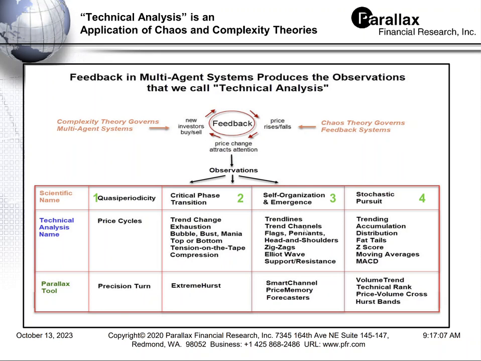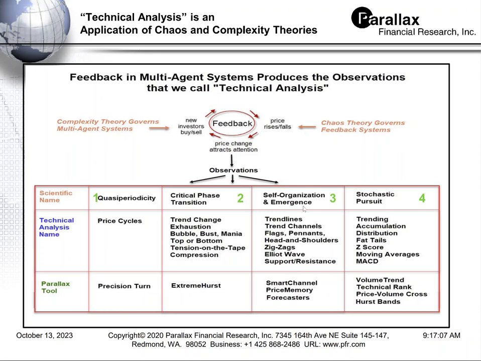Self-organization and emergence, these are the scientific names for these categories. But trend lines, patterns, flags, pennants, channels, head and shoulders, Elliott wave, all these terms in technical analysis pertain to self-organization and emergence in terms of the theory.